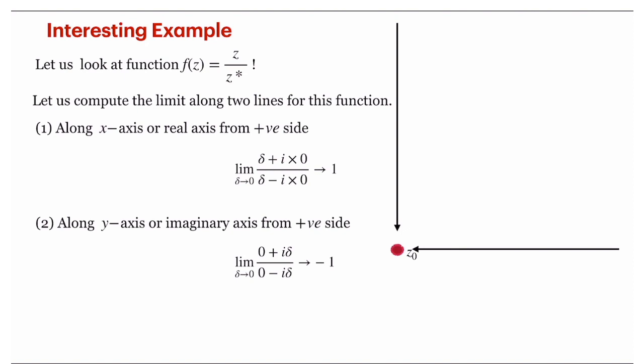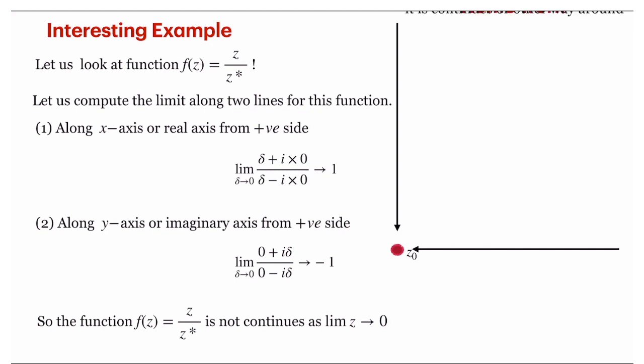Now we take limit delta going to 0, it takes the value of minus 1. So two different approaching curves give different values of limit as z going to 0. It is clear that this limit does not exist.